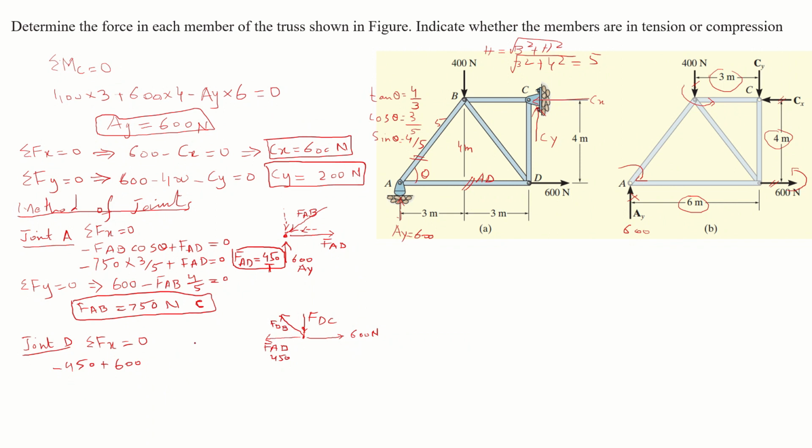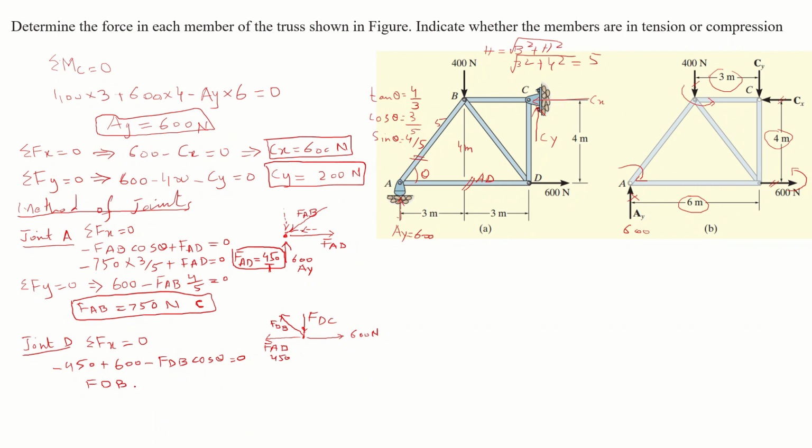The x component is on the left side, so it is with the negative sign. F_DB cos theta is equal to 0. So from this equation we can now find F_DB.